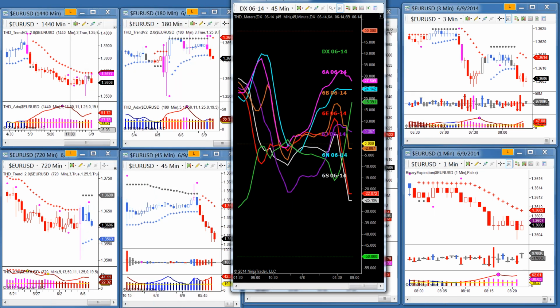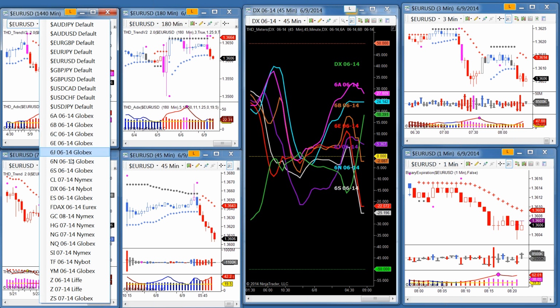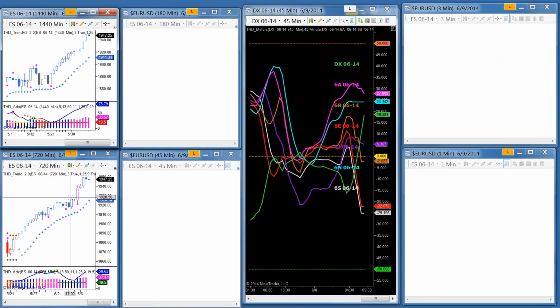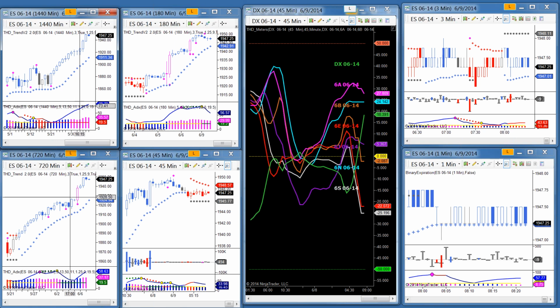Okay, let's go through the ES now. The ES, the Nasdaq, and the Dow are kind of all doing exactly the same thing. The only difference is the Nasdaq and the ES are overbought on the 1440. Then on the 720, it's not really overbought.